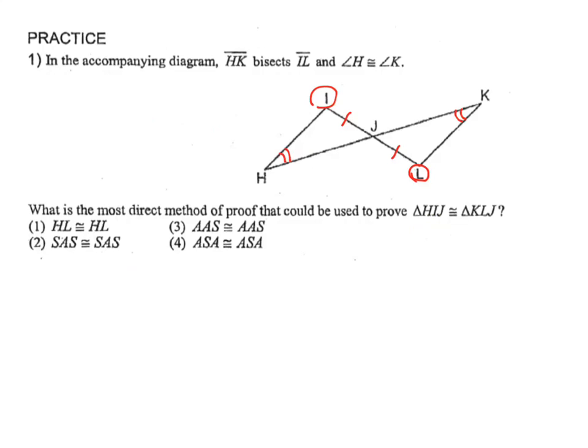Since we have two lines crossing each other, we can say that these two are vertical angles, angle IJH and LJK. That tells us that these two triangles must be congruent by angle, side, angle. So angle, side, angle, which is choice 3, would have been the most direct way of doing it.